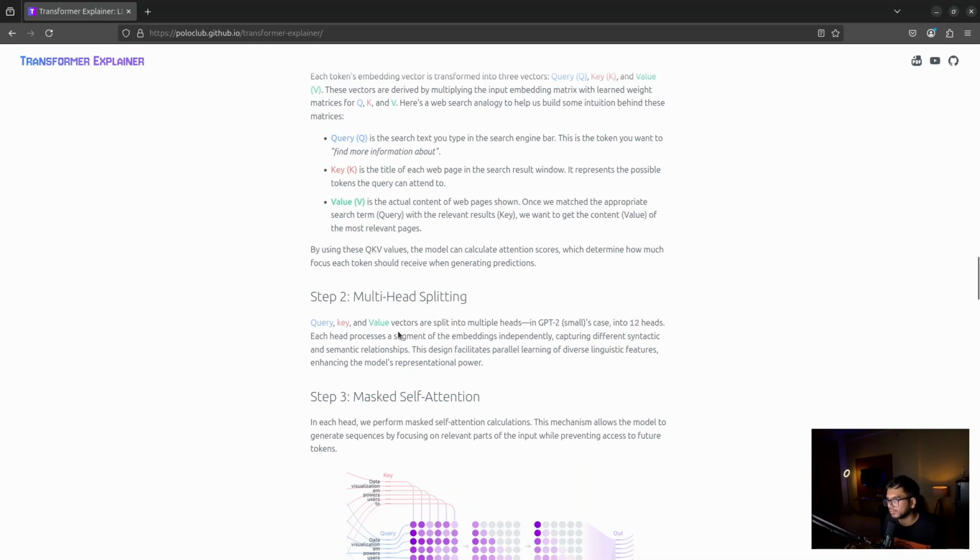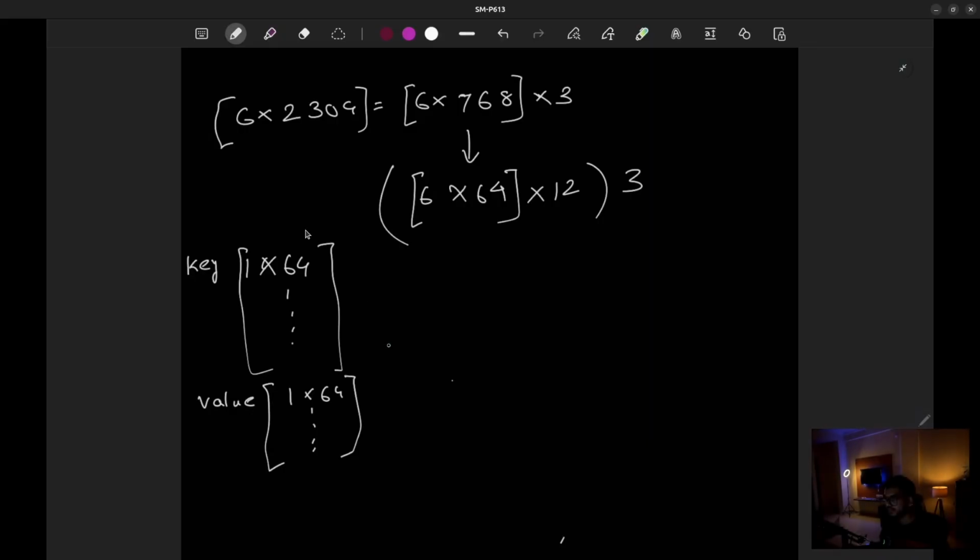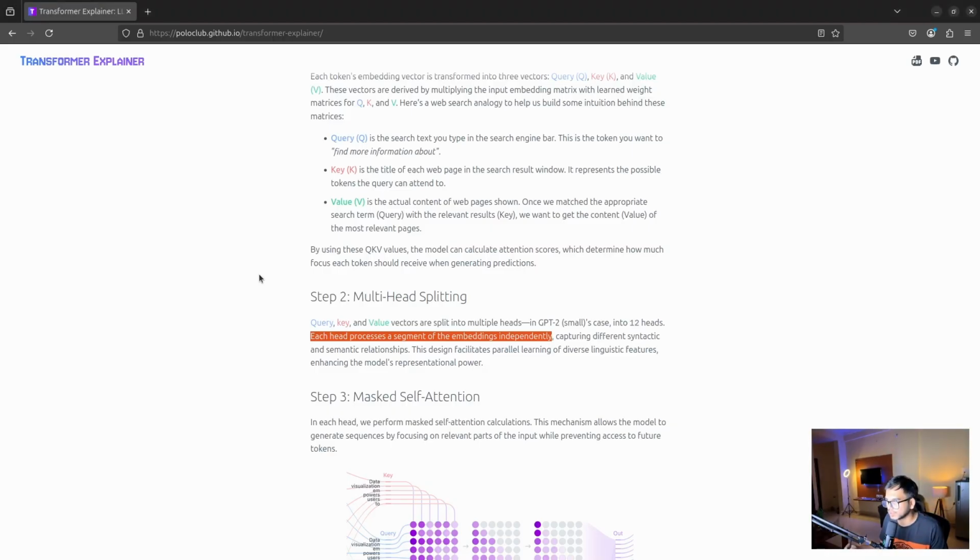What I have explained just now is that each head processes a segment of the embeddings independently. So that's why it has divided this 768 into 12 parts for each head. Each head is getting 1 into 64 for each token.